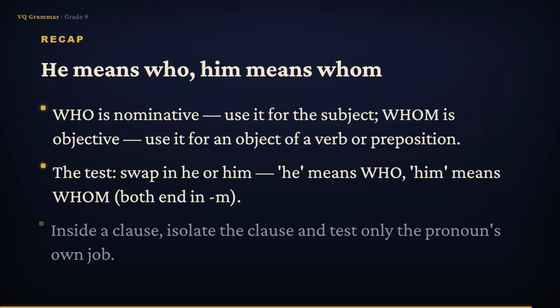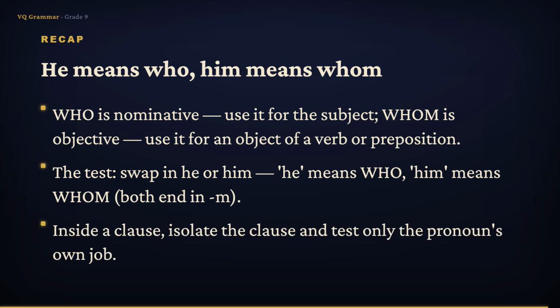Swap in he or him. If he fits, the word is who. If him fits, the word is whom. And the M in him lines up with the M in whom to help you remember. Inside a subordinate clause, just isolate the clause and test only the pronoun's own job. Do that, and who and whom will never slow you down again.